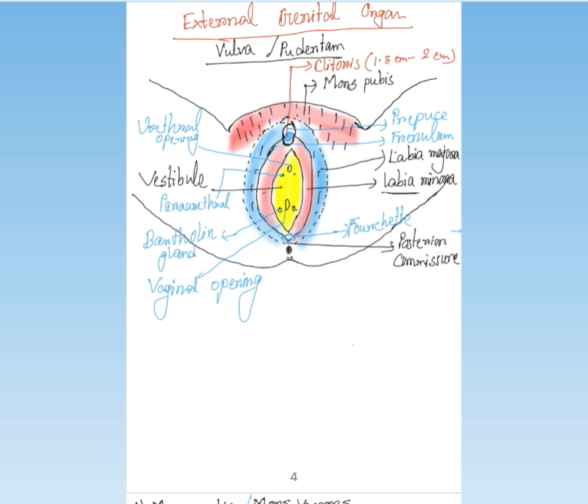So the total is 6: 1 urethral opening, 1 vaginal opening, 2 paraurethral, and 2 Bartholin glands.